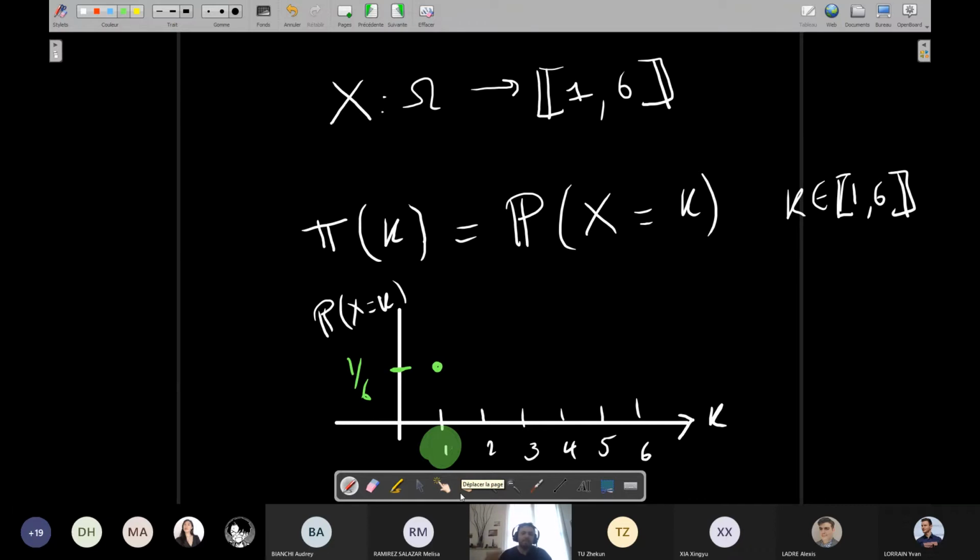What's the probability that x takes the value 2? It's also 1/6, 1/6, 1/6, 1/6, and 1/6. Here I have a uniform distribution. I have a uniform probability of getting any integer number between 1 and 6.